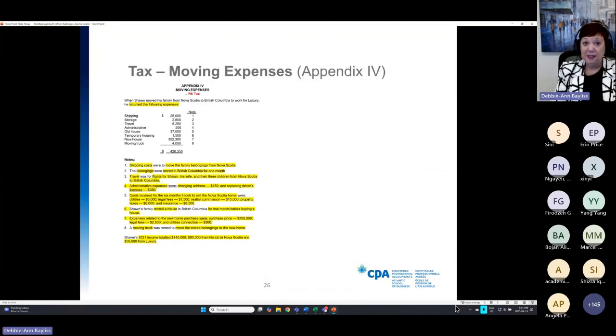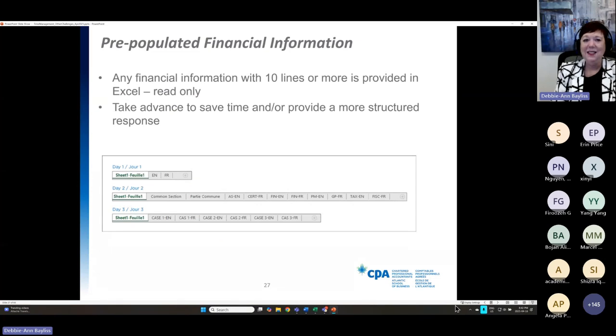So let me go back for a second here. This exhibit has more than 10 lines. So I'm showing you on this slide, you have one sheet. It's sheet 1. That is the only sheet that you can actually perform your calculations in. But you also have additional tabs. Those tabs are pre-populated financial information.